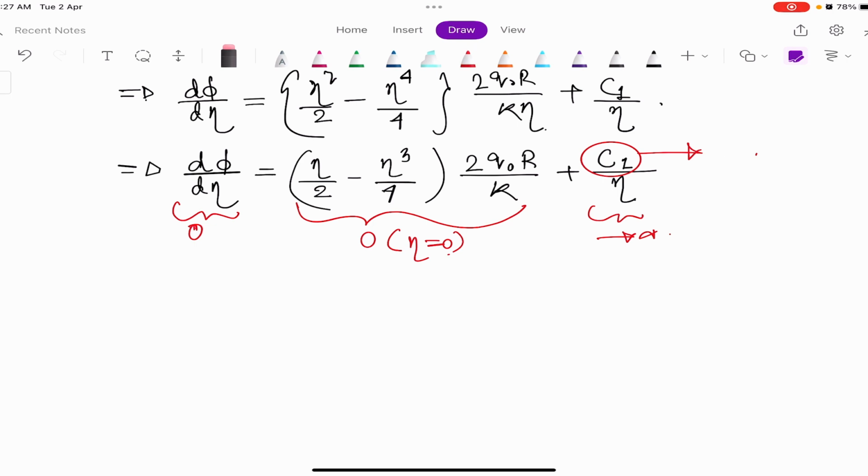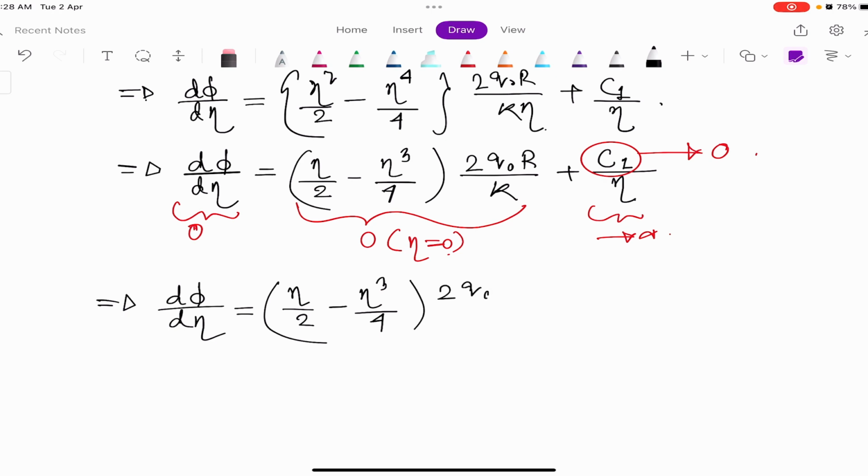So we get dφ/dη equal to (η/2 − η³/4) into 2q₀R/k.